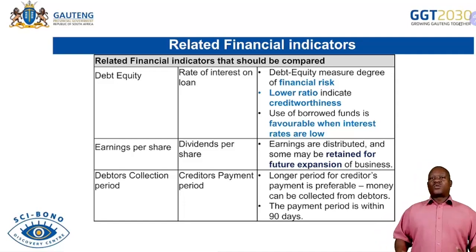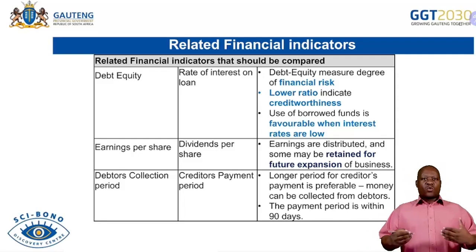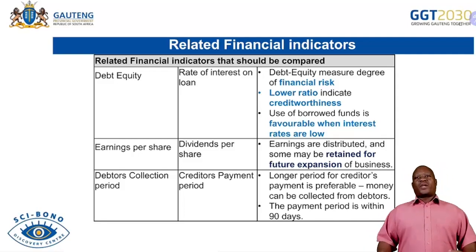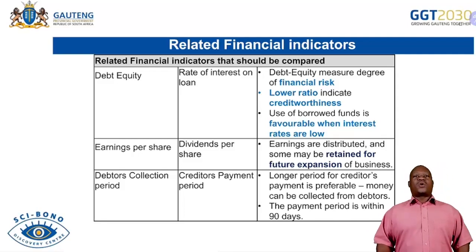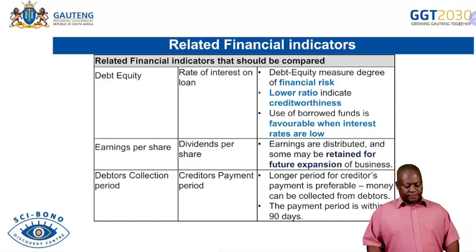So we wouldn't want to see our business stagnant and not going anywhere. We would want to see our business growing, and it can only grow if it retains some of the profits that you have made and uses it for expansion, not to give all of it to the shareholders.